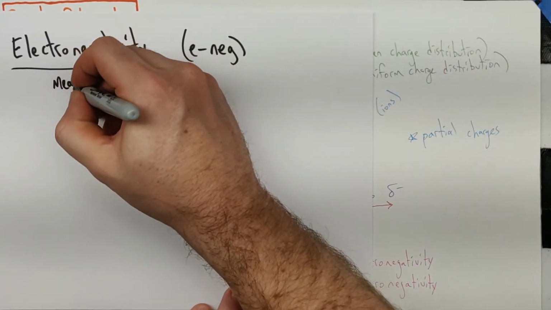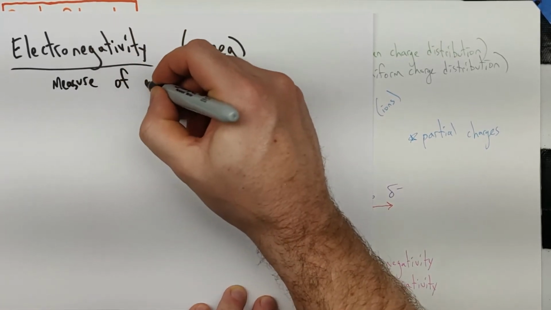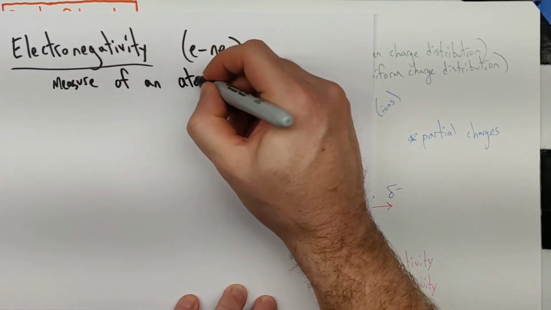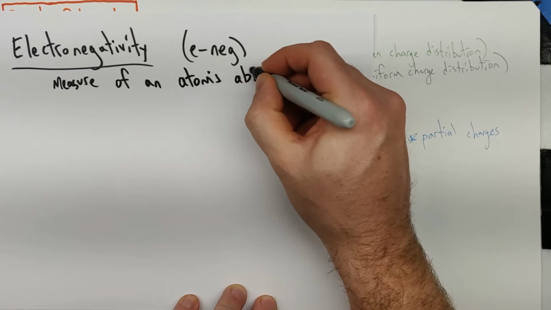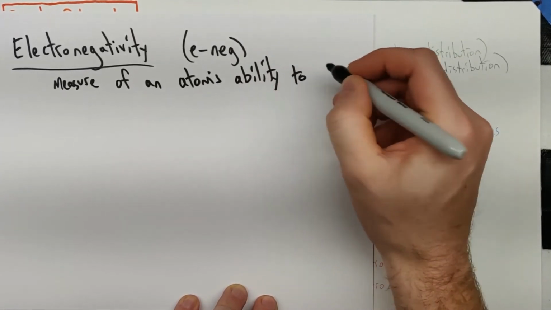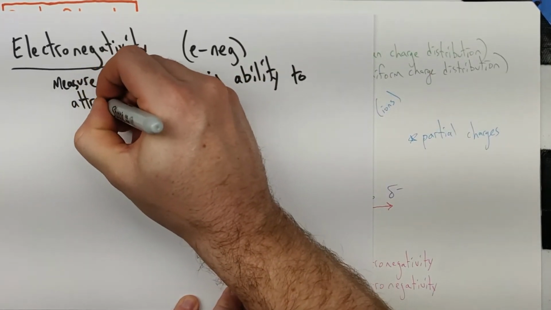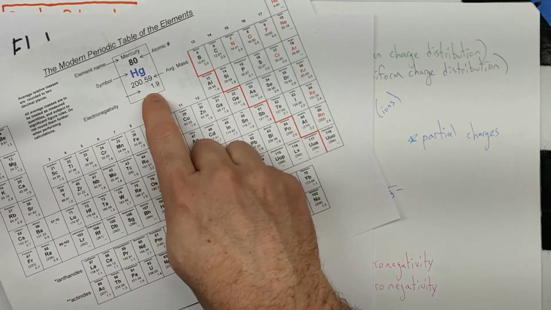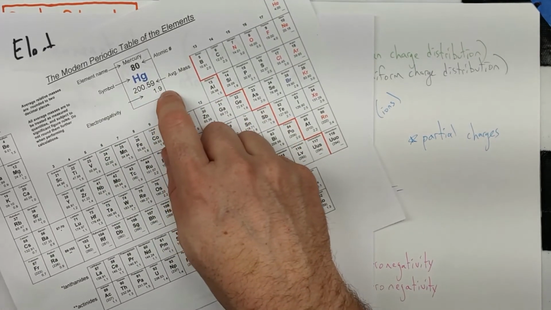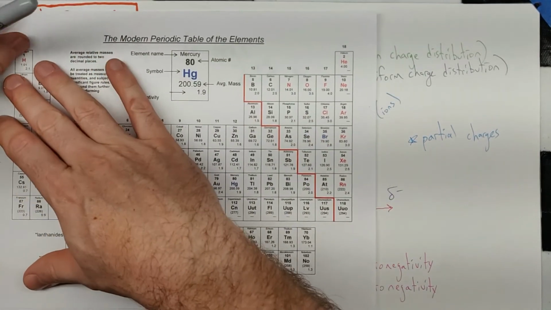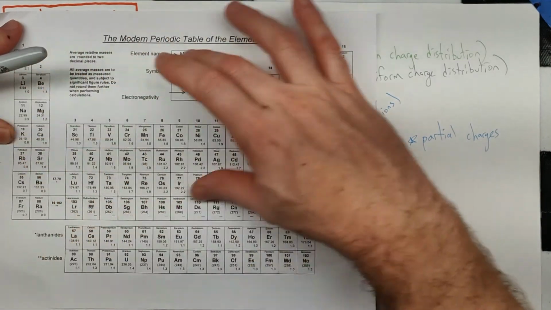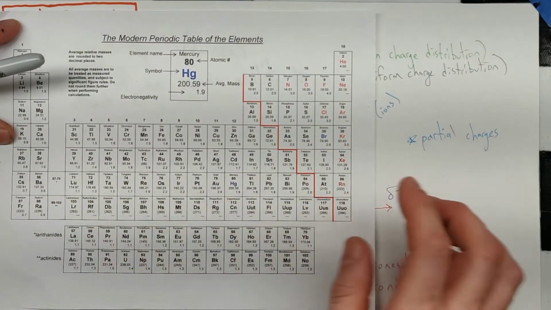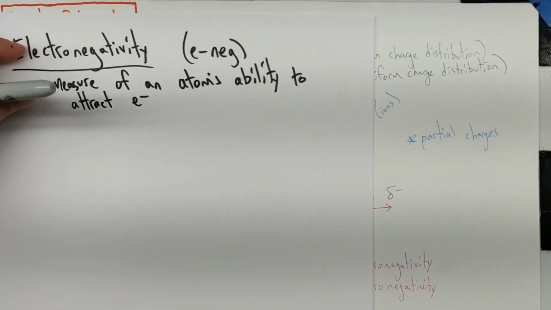This is a measure of an atom's ability to attract electrons. For our purposes, we've just been grabbing the electronegativity values off of the periodic table, and in this particular periodic table they're on the bottom right. You can remember the trend is that it increases as you go up and right and decreases as you go down and left.